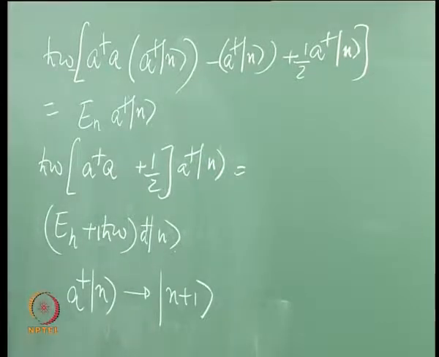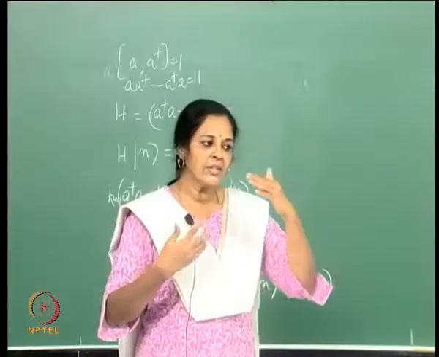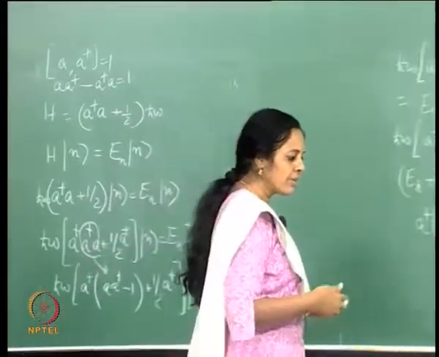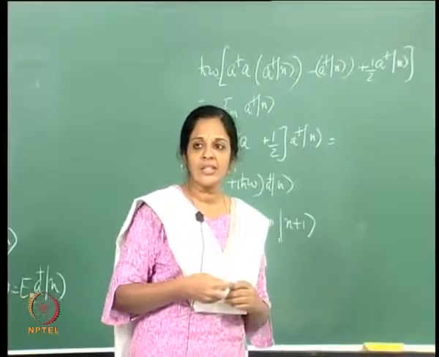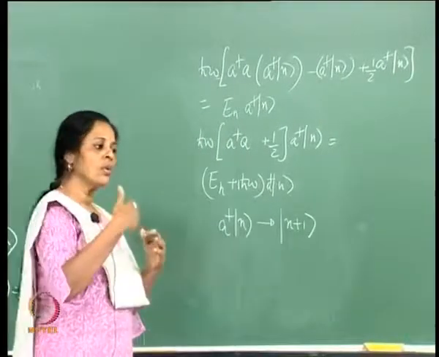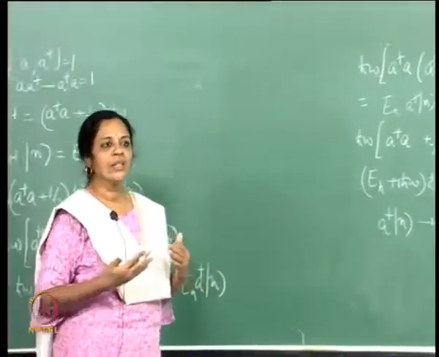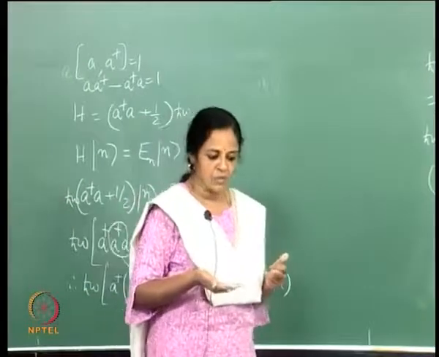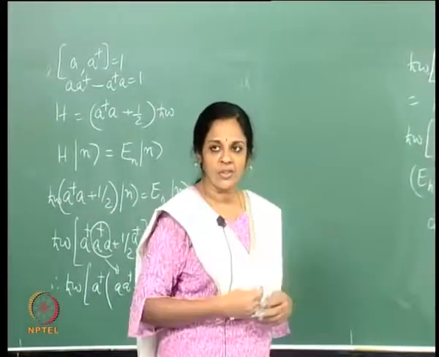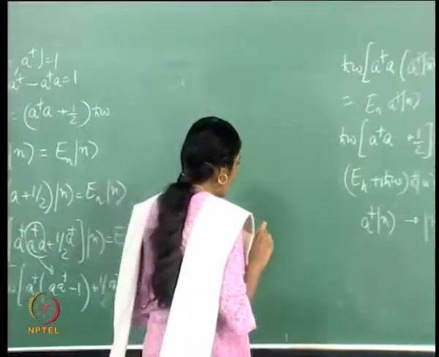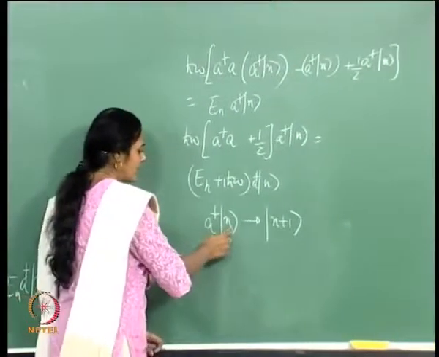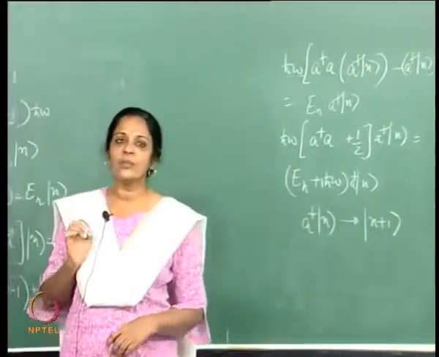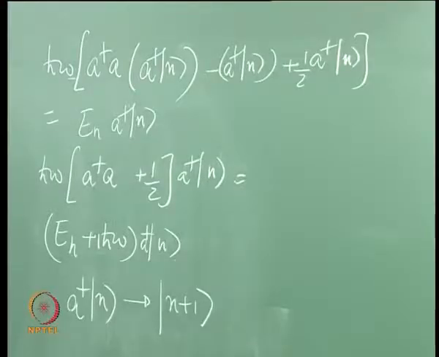So repeated application of a dagger on a given state will increase the total energy by 1 h cross omega each time, taking us to different states. From ket n we go to a state ket n plus 1, ket n plus 2, ket n plus 3 and so on. I want to emphasize the fact that n is just a label. We have to find out the range of values that n will take, but as of now n is merely a label.